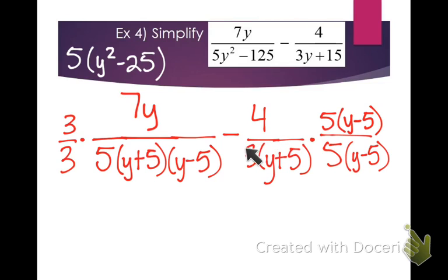Now this one feels left out because this one is missing a 5, and it's also missing a y minus 5. So imagine it's like 2 siblings getting gifts from their parents, and you got to keep it even. They both want to have exactly the same thing on the denominator. So if one of them's missing something that the other one has, you got to make sure you give it to them.